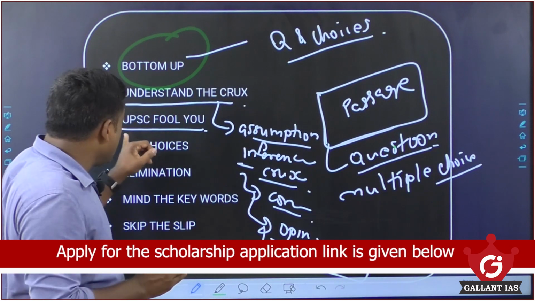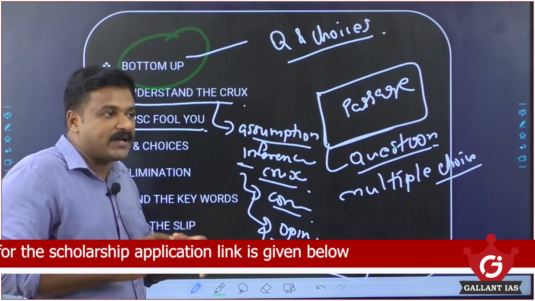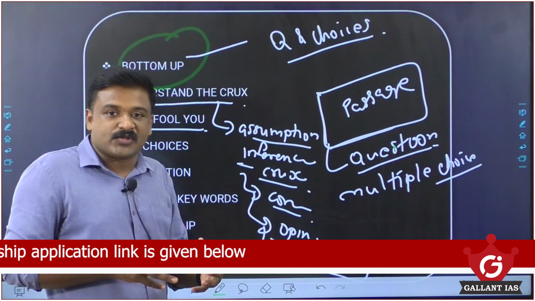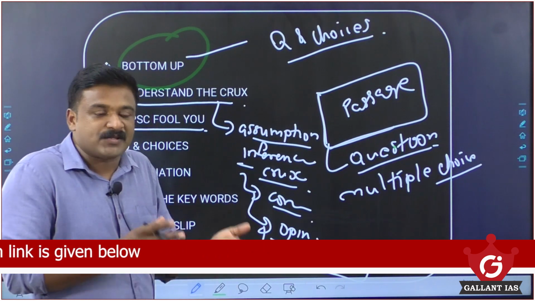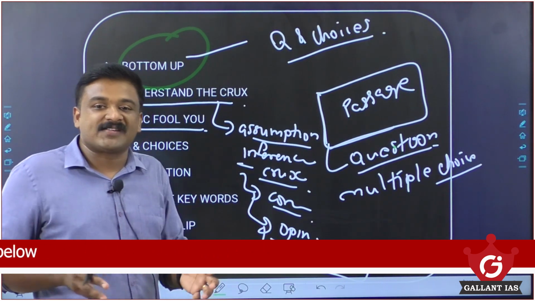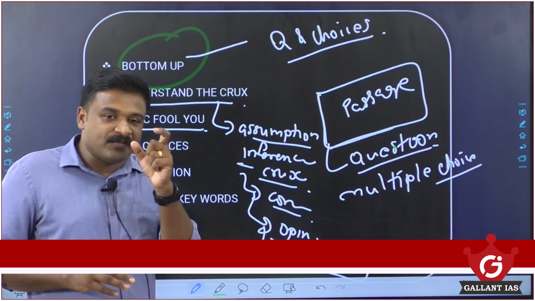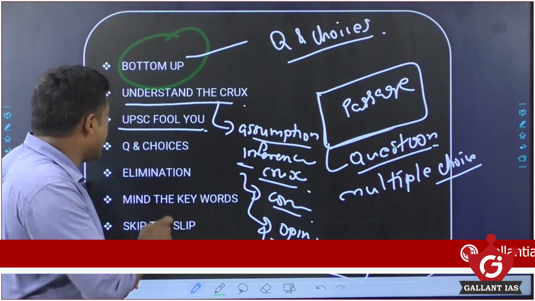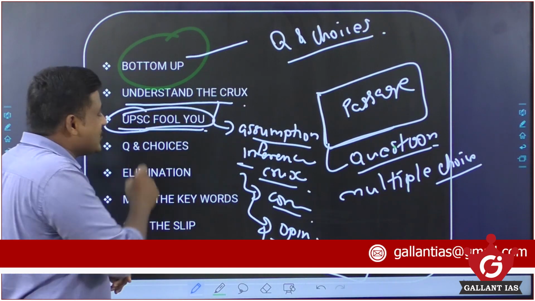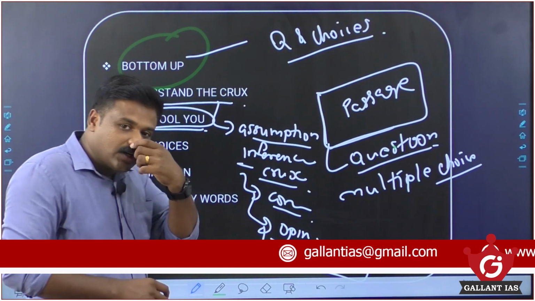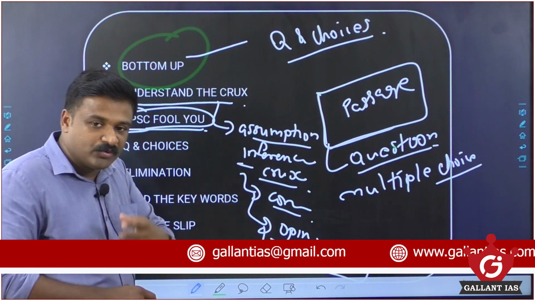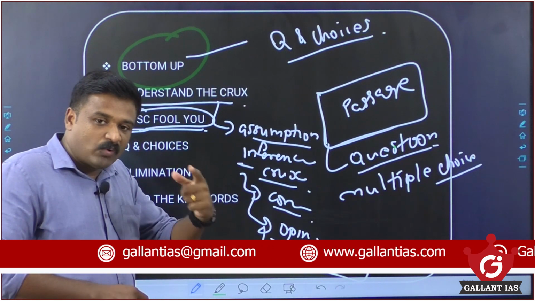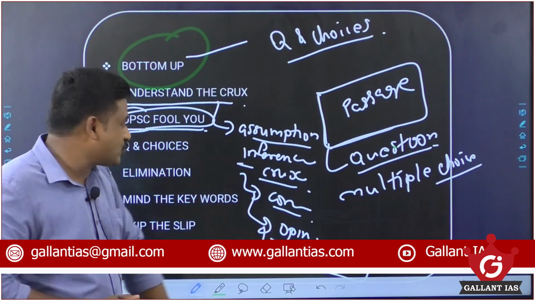So UPSC always tries to fool the aspirants by giving very tricky choices. The question is not difficult, the passage is not difficult, but the choices are the trickiest ones. That is the biggest game of this comprehension part. So please keep this in mind. UPSC gives you the choices to fool you, to trap you. So eliminate one by one until you reach the most accurate one.